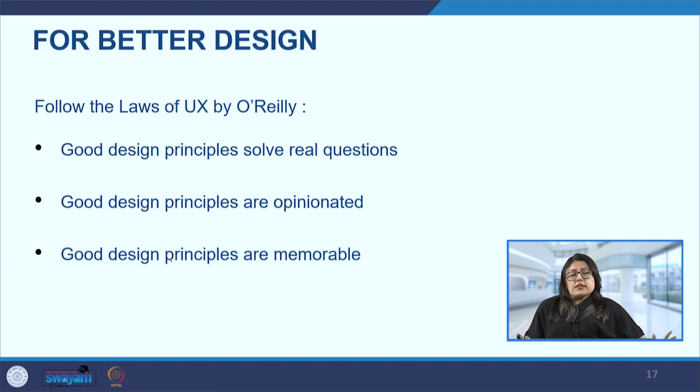So to sum up this particular case study, we can say that some of the laws of UX by O'Reilly say that good design principles solve real problems and come up with real solutions. We can see that the medical field is something which one has to visit. When somebody is born, they are at a hospital.